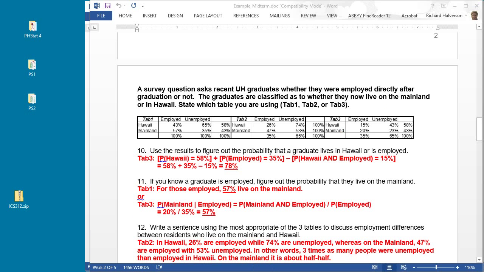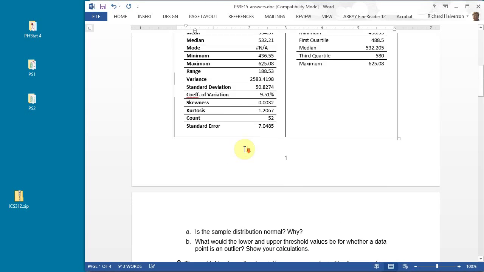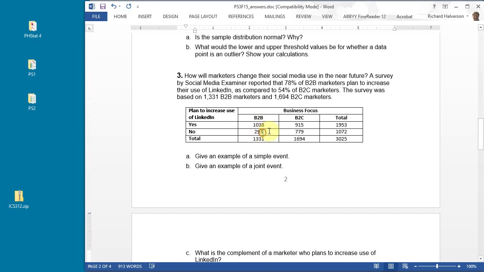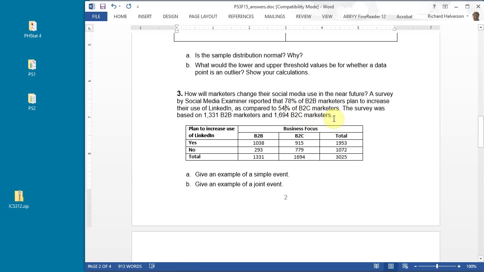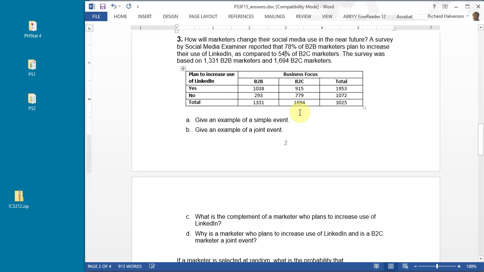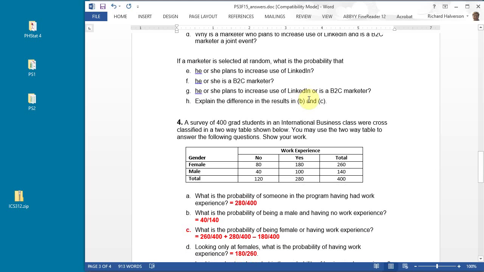In our problem assignment here, we had the actual numbers themselves, and some percentages were given. This is the raw data, and you can easily convert this to percentages. You recall in one of the assignments at the very end, we converted these to percentages.